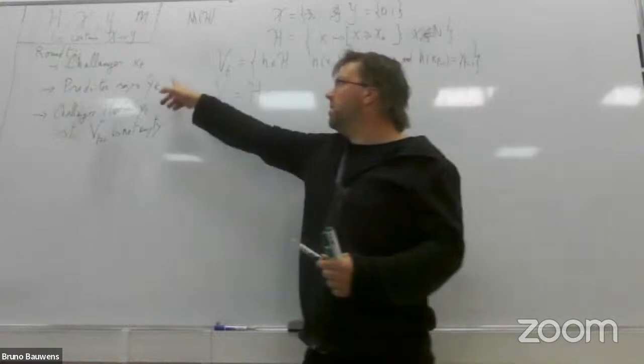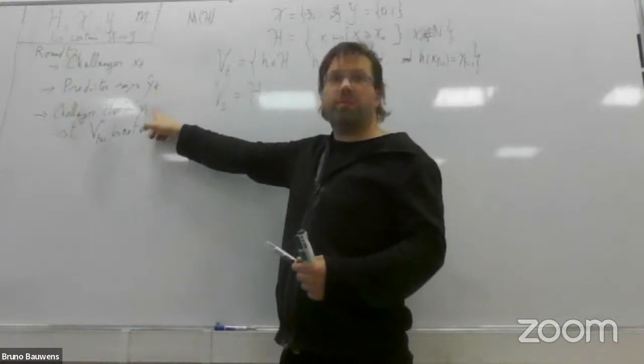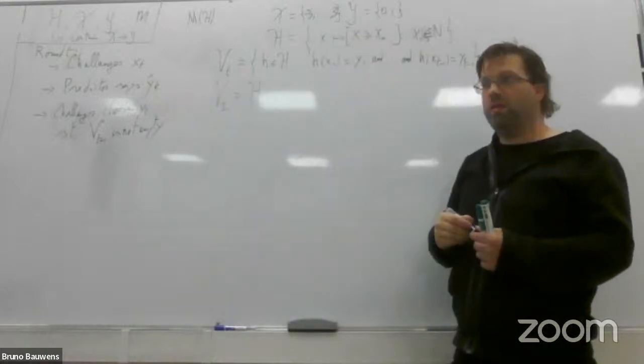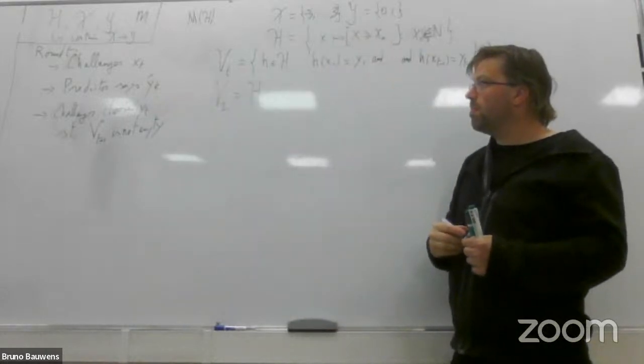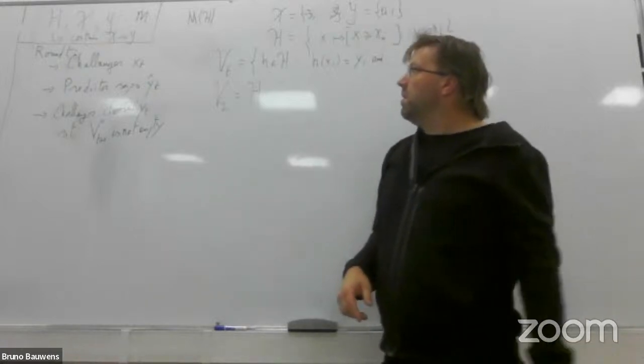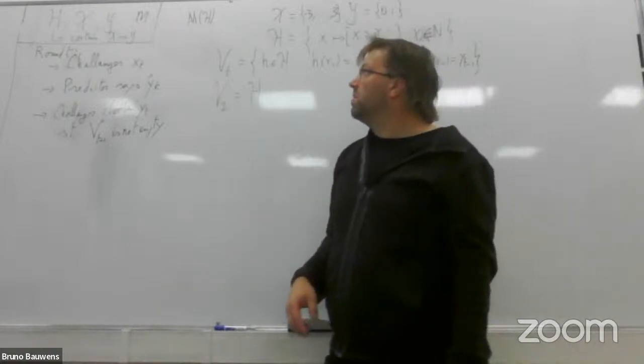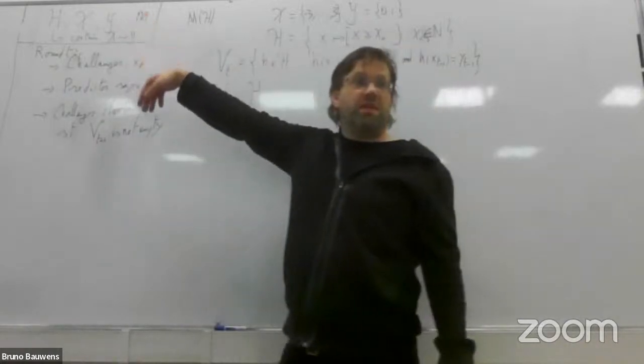Okay, I changed the notation. So for prediction, I use y hat, and I use y_t for the correct label. Okay. So when we have finite M, these games are equivalent.